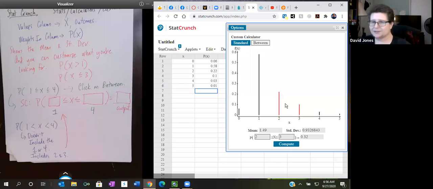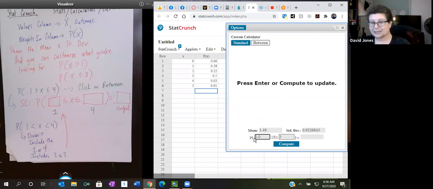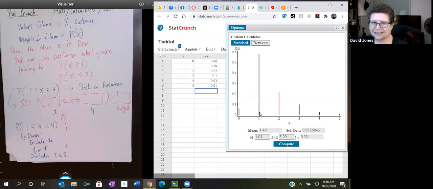If I do that, notice the 2 and 3 are the ones in red, and 1 and 4 are not. That works. Or I could even do something like this. If I just change 1 to 1.001 and 4, I lower it down to 3.99. That's between it. That's not including 1. That's not including 4. I think it's easier to just go down to the next whole number, though. Go to the 2 and the 3. Okay?